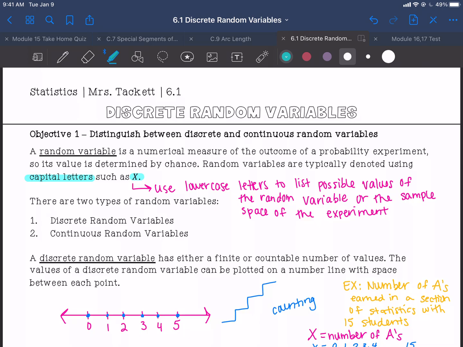All right. So we know that there's two types of random variables, and those would be discrete random variables or continuous random variables. We will be working with both, but today we're going to talk about discrete.